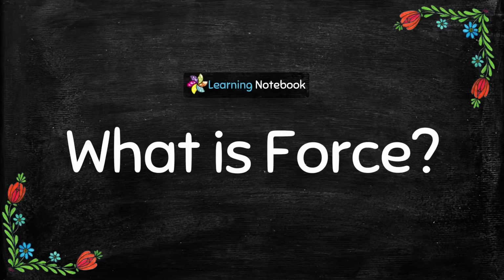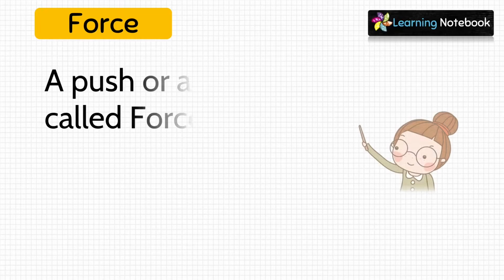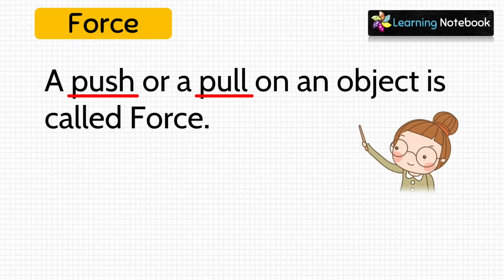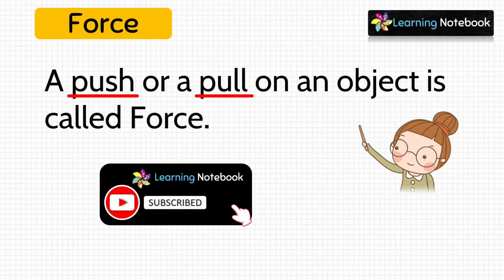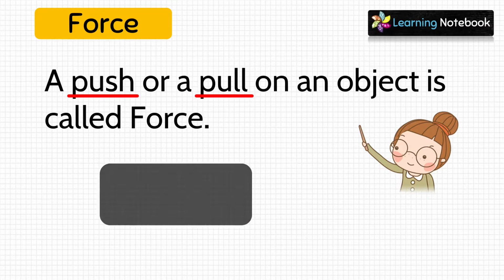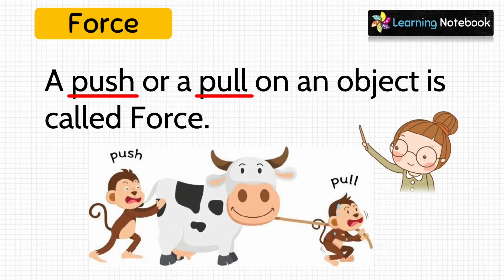So let's start and first learn what is force. To move anything, we either pull or push. So this push or pull on an object is called force. For example, look at this picture.